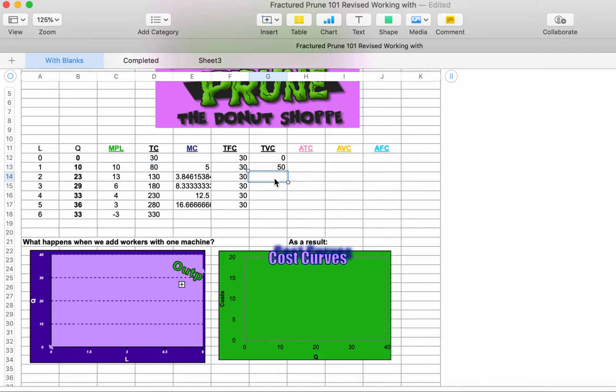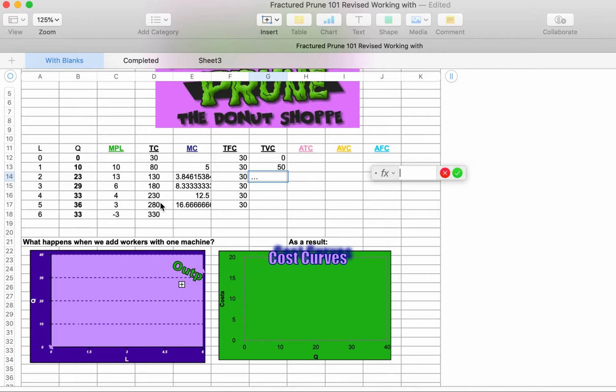Let me do that again. This time I'll do it with the numbers. This has to be, since total cost is always fixed cost plus variable cost. Here I did change the name up a little bit. I put a T in front of it, but it's the same thing. Okay. Since total cost is the sum of those, it must be total cost minus the one you know is the one you don't know.